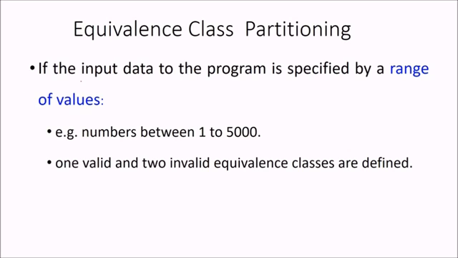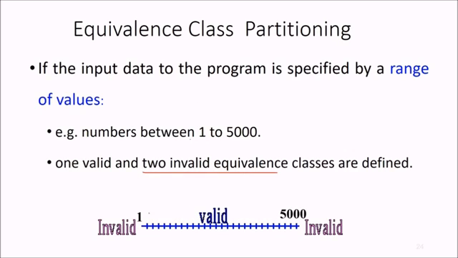For example, if the input data to the program is specified by a range of values, say numbers between 1 and 5000, then one valid and two invalid equivalence classes are defined. 1 to 5000 are all valid, beyond 5000 is invalid, and below 1 is invalid. On a number line, you can see the valid portion is this, and the invalid portions are left and right.